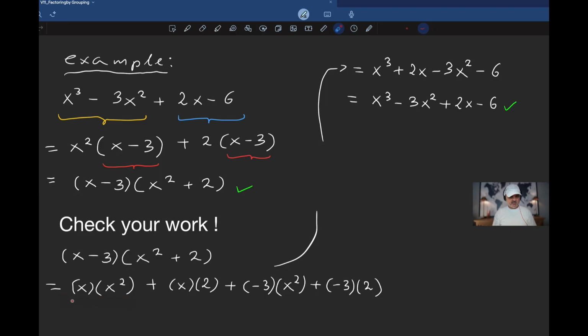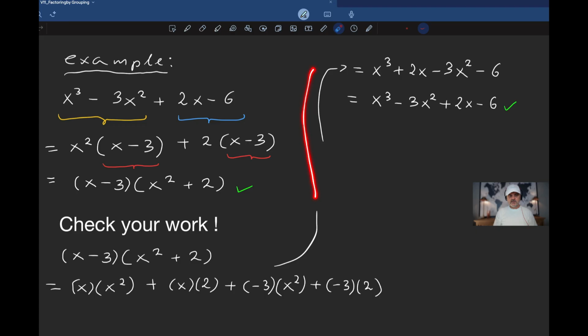So x times x squared, I put in brackets to signify that we multiply. x times 2, and I always add when I collect terms. That's my strategy so that I don't mess up with signs. So I multiply negative 3 times x squared, and I add that, and later the sign will be adjusted, and then negative 3 times positive 2.